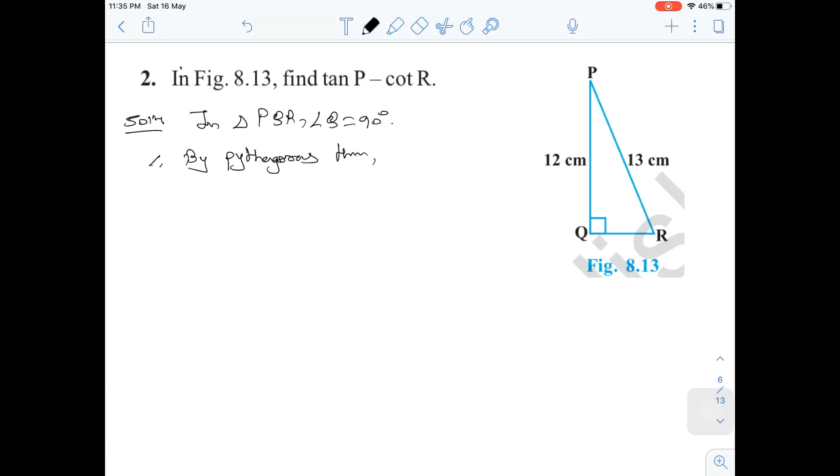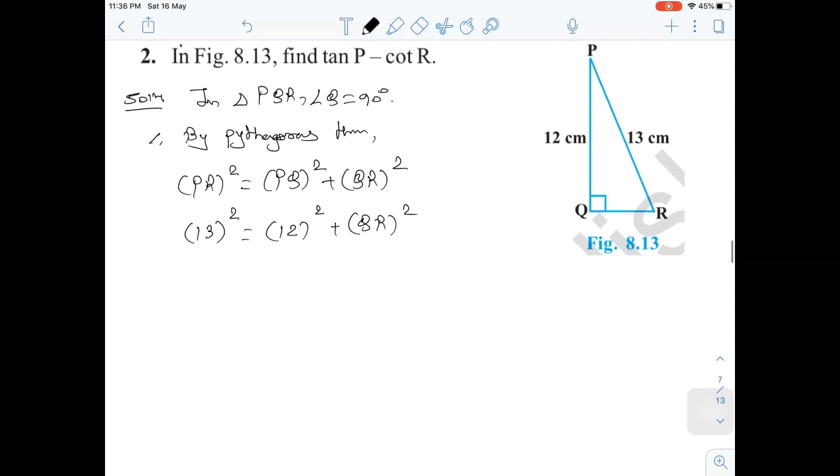So we can write it as PR square equals PQ square plus QR square. We have the value of PR, that is 13 centimeters. So we have 13 square equals the value of PQ, which is 12, 12 square plus the unknown side, that is QR square.